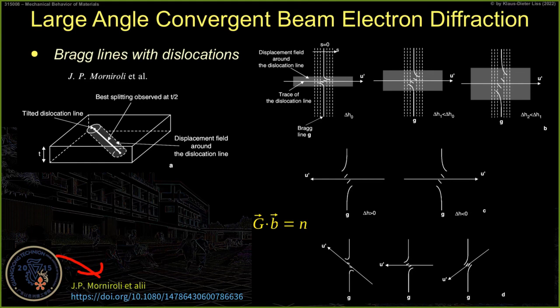If you want to know more, look up Morniroli et al. Maybe you can pronounce him better than I. You look at a dislocation line, you look at the width of the dislocation and the orientation of the dislocation, and then the width plays a role, of course, in the width of the splitting here, and some optical and lattice gradients play a role for the bending.